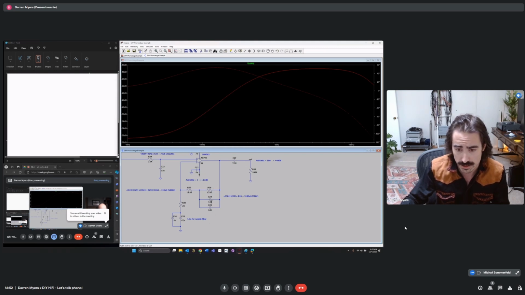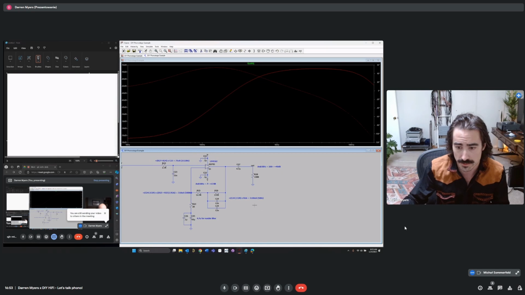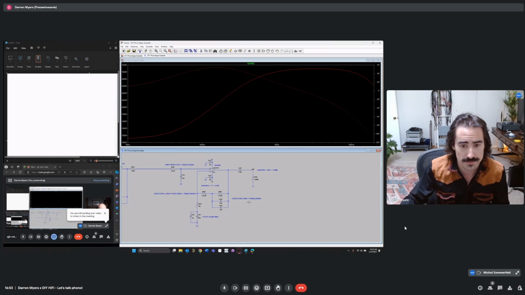So that's the R, that's the C, and so C24 in parallel with C29 times R26 will give us our low frequency pole, which is at 50 hertz.